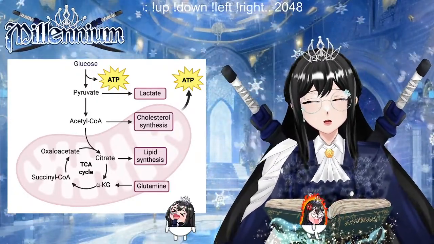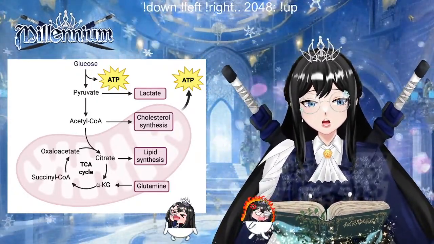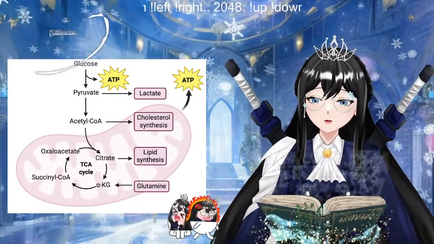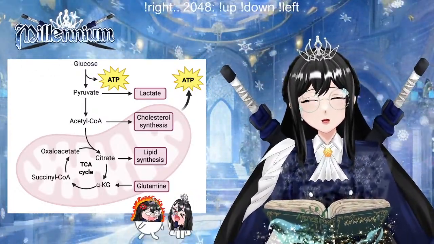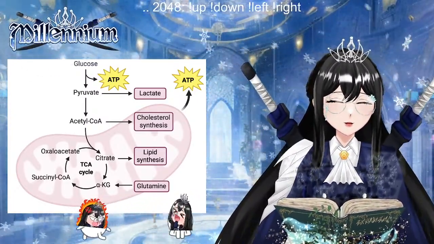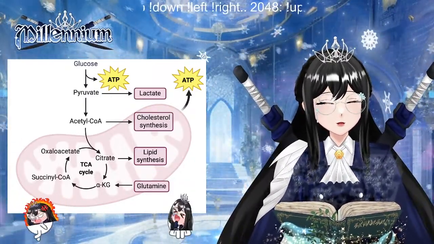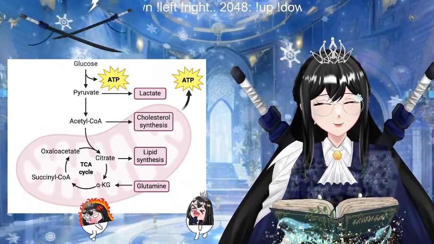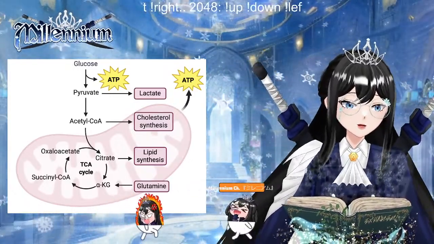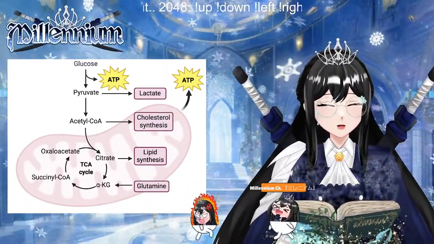It's like glucose, acetyl-CoA, CO2, but there's some special stuff going on. For example, in certain cells, like red blood cells or muscle cells during exercise, oxygen may not be available. So what do you do?